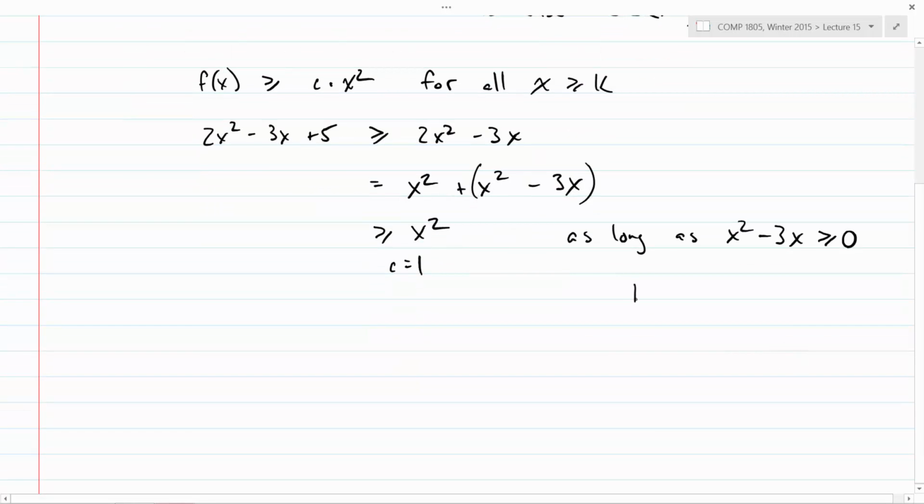If I sub in 1, I get 1 squared minus 3, which is minus 2. So that doesn't do it, because I want something bigger than or equal to 0. If I sub in 2, I get 2 squared minus 6, which is minus 2, which is no good. If I sub in 3, I get 3 squared minus 3 times 3, which is 9 minus 9, which is 0, bigger than or equal to 0.